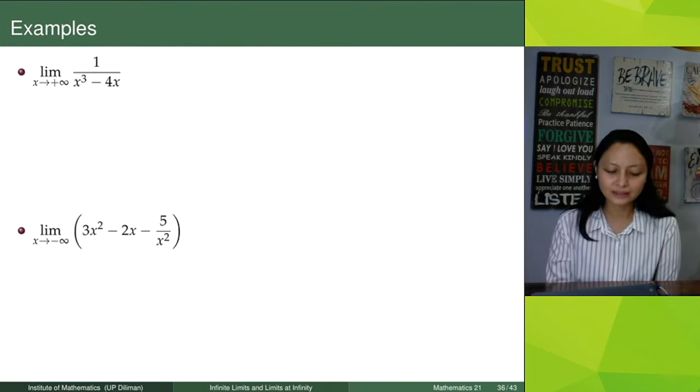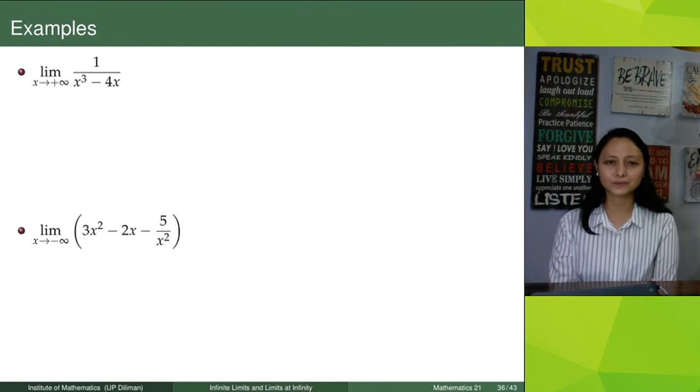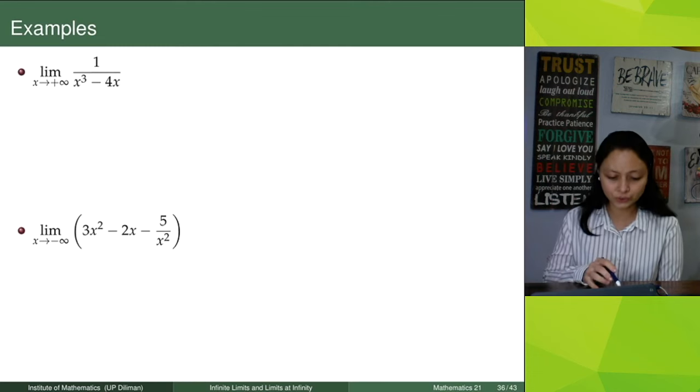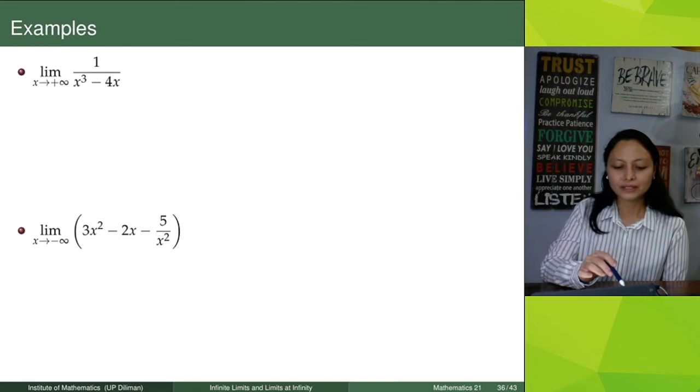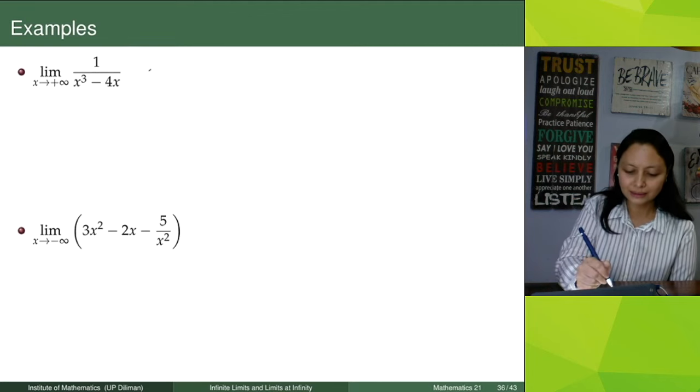Let's look at these other examples. We want to get the limit of 1 over x cubed minus 4x as x approaches positive infinity. Okay? If you immediately substitute yung positive infinity sa denominator, di ba, you'll have infinity minus infinity, which is an indeterminate form. So, gawin natin, katulad nga dun sa remarks.